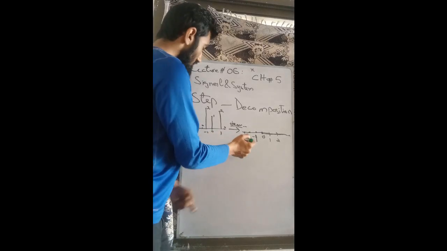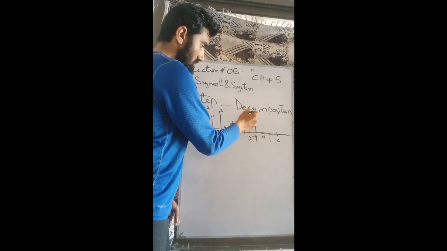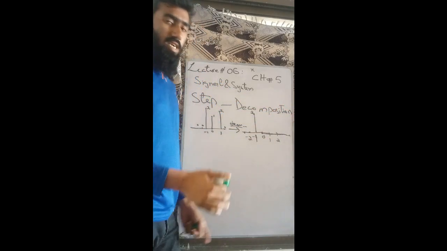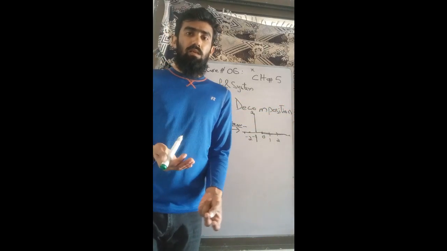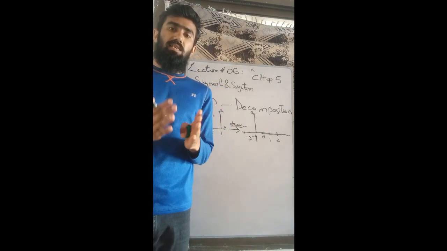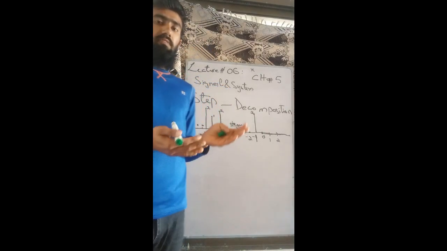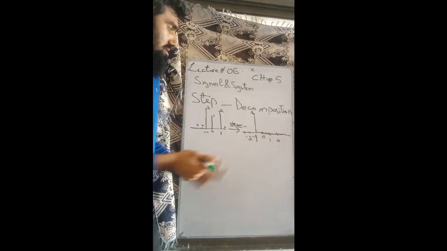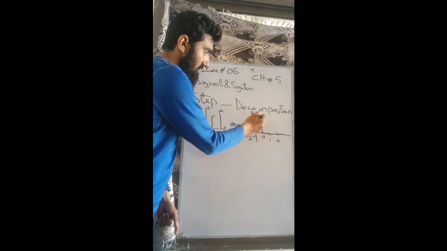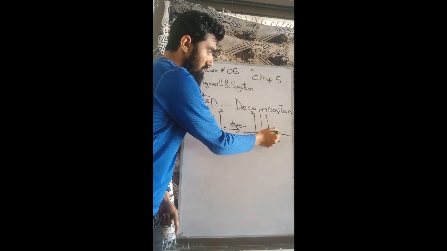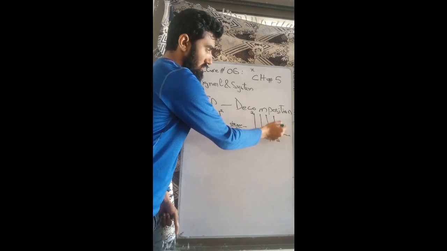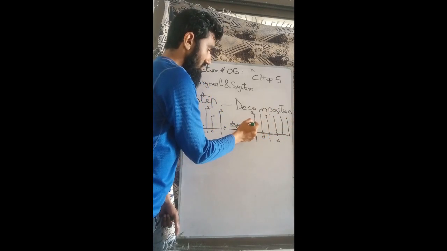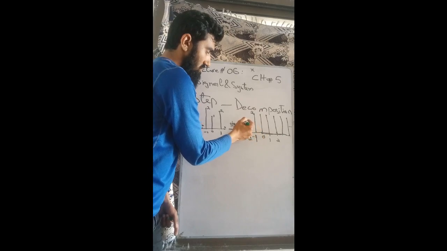At minus 1 I am taking this 2 and continuing this forever till infinity. What is a step signal? A step signal is 0 when n is less than 0, and 1 when n is greater than or equal to 0. Likewise I am scaling these all to 2, and this is continuing till infinity.